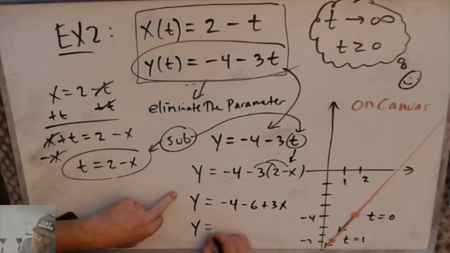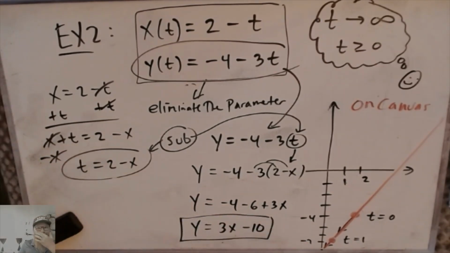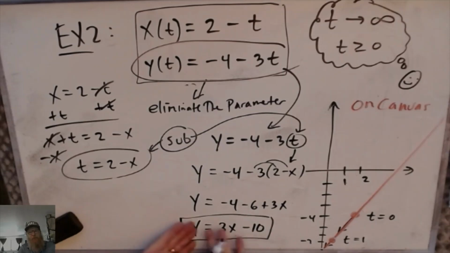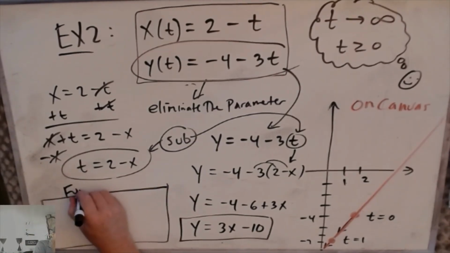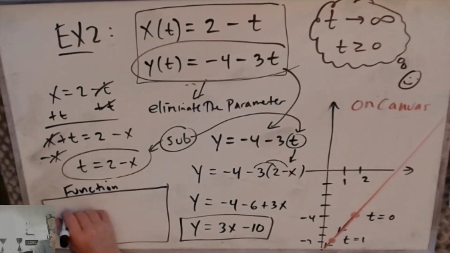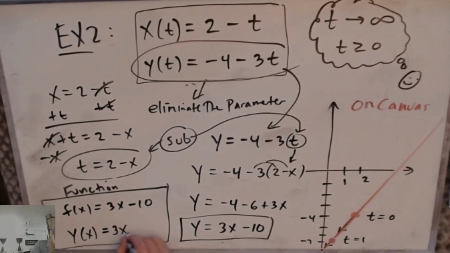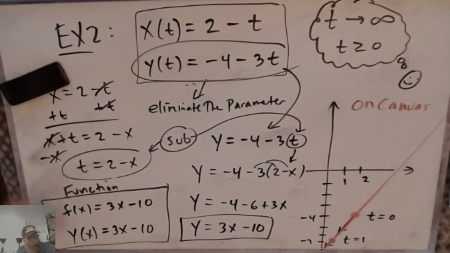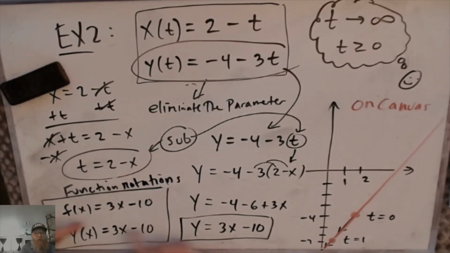And put it in slope-intercept form. And so this would be your slope form. In terms of a function, you could say f of x is equal to 3x minus 10. Or here's a new notation you might not have heard or seen before: y of x. So there are two different versions of function notation.